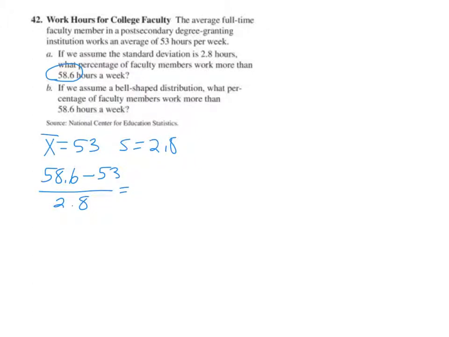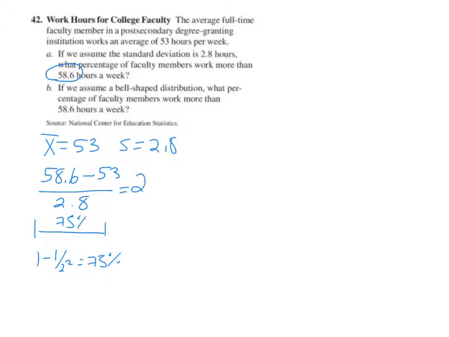So 58.6 minus 53, and I'm going to divide that, 5.6 divided by 2.8, and I get 2. And I know that we have 2 standard deviations away. I use Chebyshev's. 1 minus 1 over 2 squared, 75%.